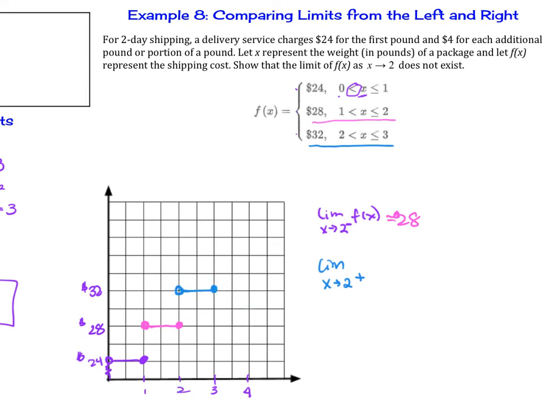What is it approaching as x approaches 2 from the right side? We are on this line here, and so it equals $32. And because the one-sided limits are not equal, $28 does not equal $32, the limit therefore does not exist.